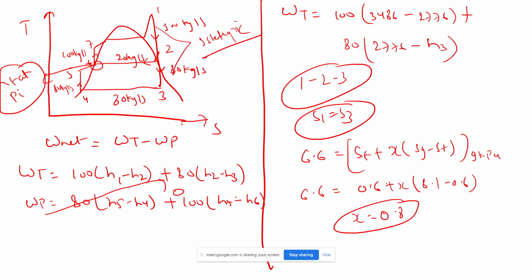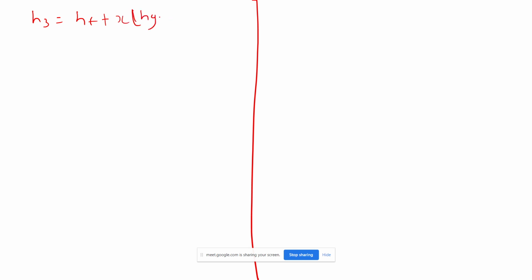Now we put this in to get the enthalpy: H3 equals HF plus X into Hg minus HF, also taken at 9 kilopascal pressure.